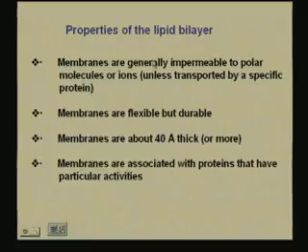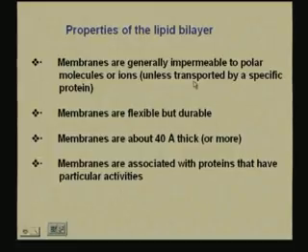So, normally the membranes are impermeable to polar molecules or ions unless we have some specific proteins that facilitate the transfer. We will see how we can have active transport or passive transport.